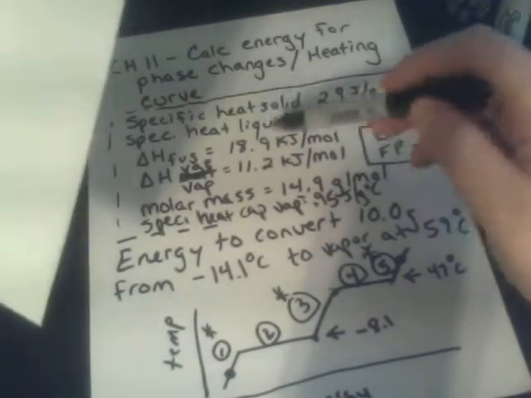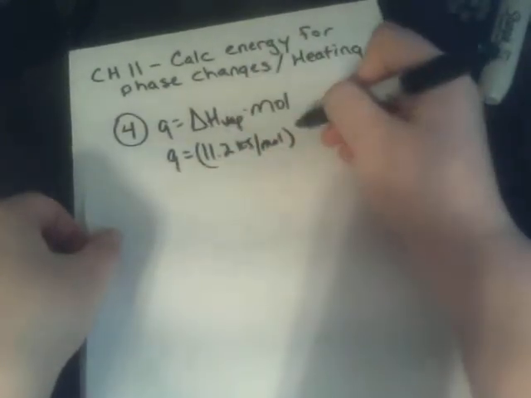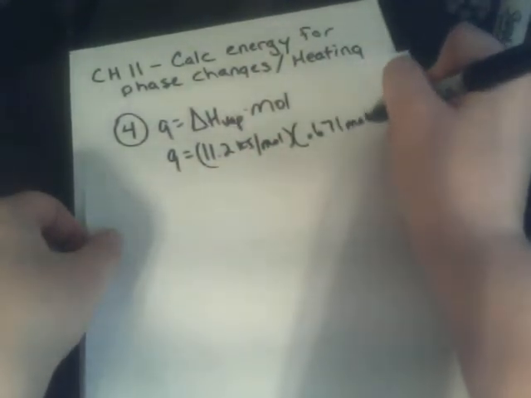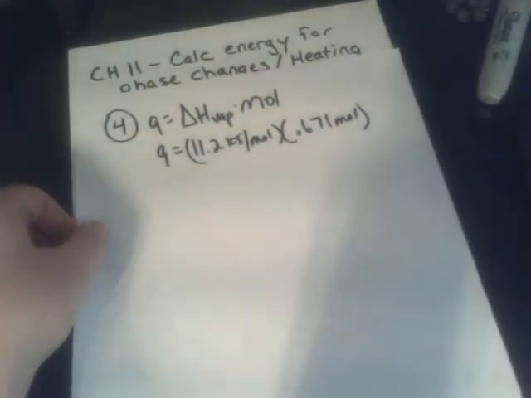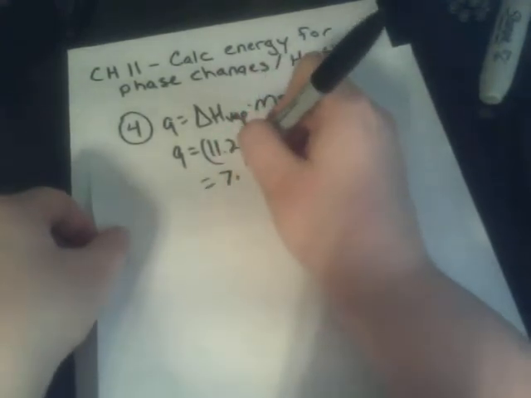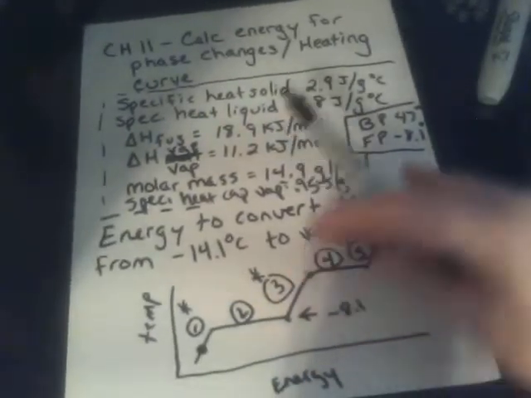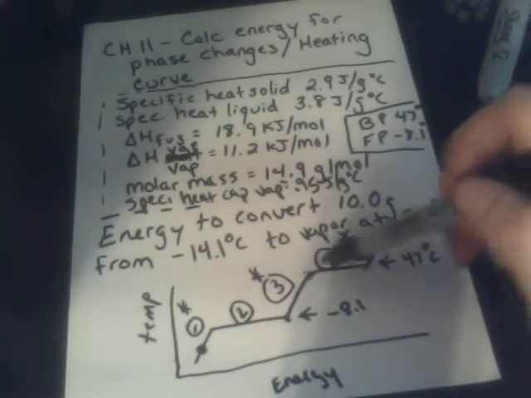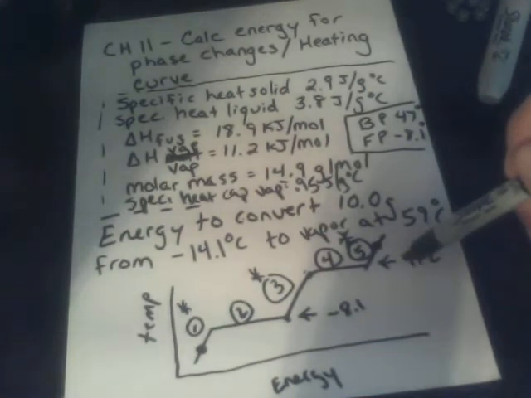So Q is going to equal the vaporization, which I made up, which is fun, 11.2 kilojoules per mole, multiplied by our 0.671 moles. So 11.2 times 0.671, we get 7.52 kilojoules. That's for converting all of that liquid at the boiling point into a vapor at 47 degrees.